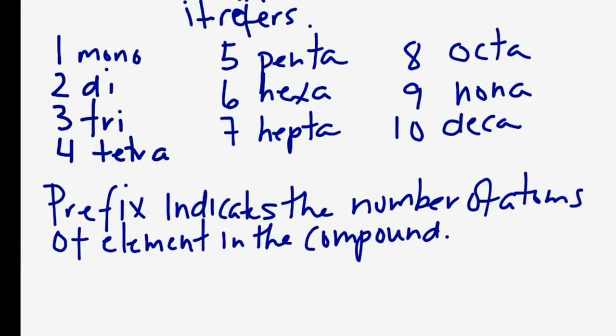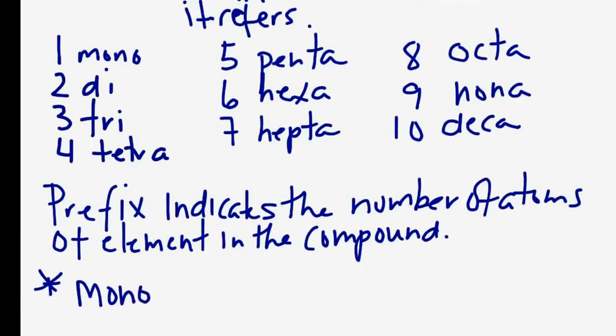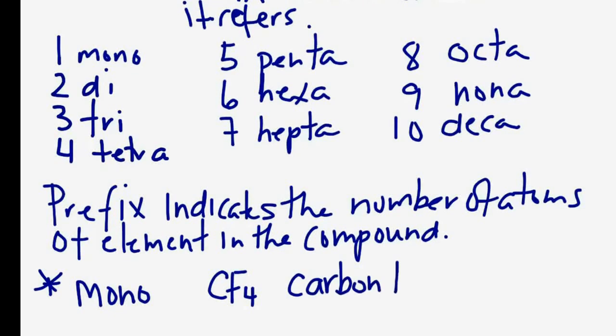Now, for mono, if there is only one atom of the first element in the name, we don't say mono, we drop it. So for instance, CF4 is just carbon tetrafluoride, not monocarbon tetrafluoride.